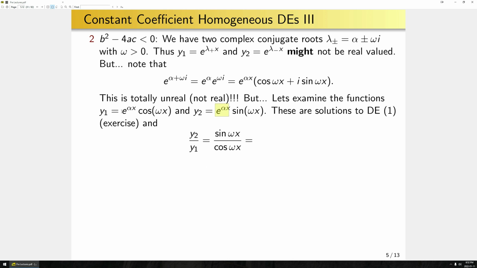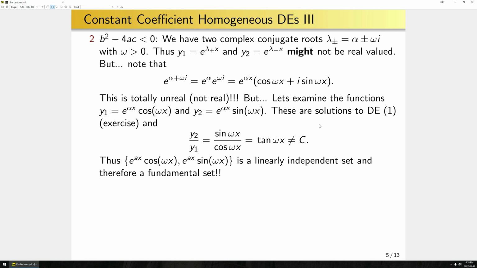The exponentials cancel. And that is tangent of omega x, which clearly is not a constant. That means that these two functions solve the differential equation from our exercise and are linearly independent. Therefore, by Theorem 5.1.6, we can say that these things are linearly independent and therefore a fundamental set.